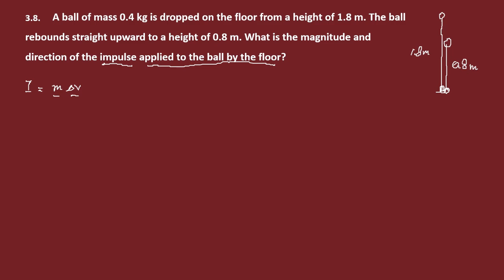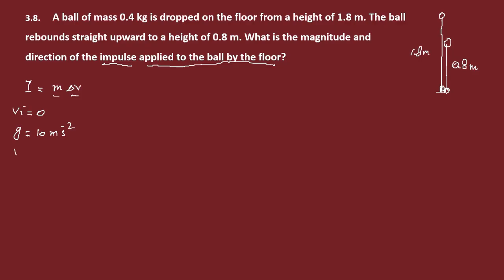For this, first of all, we consider the downward motion. Since the ball was dropped, initially it was at rest, so Vi was 0. And since it is moving downward, the value of g, gravitational acceleration, is positive 10 m/s².